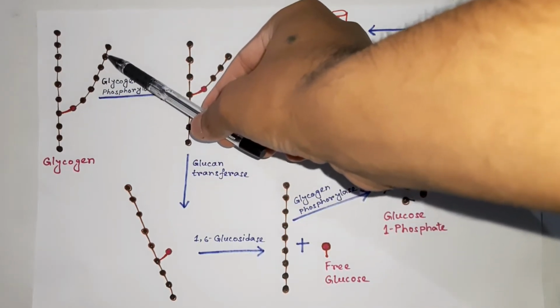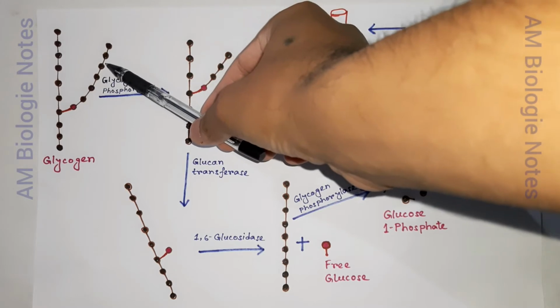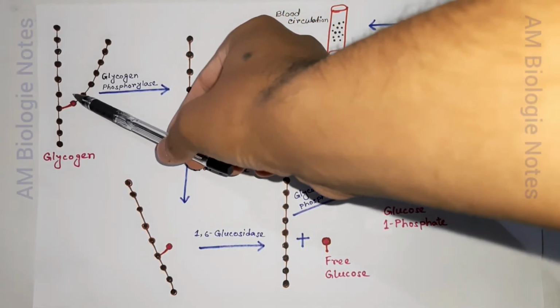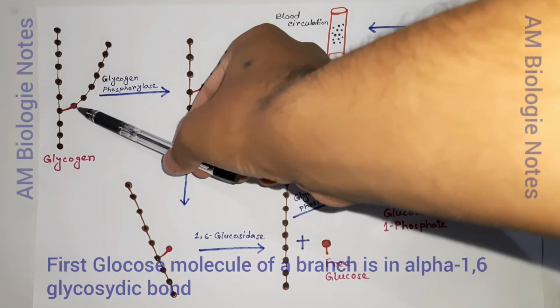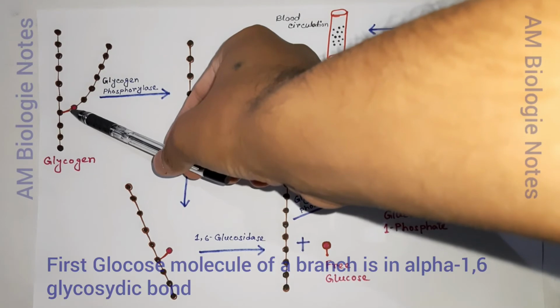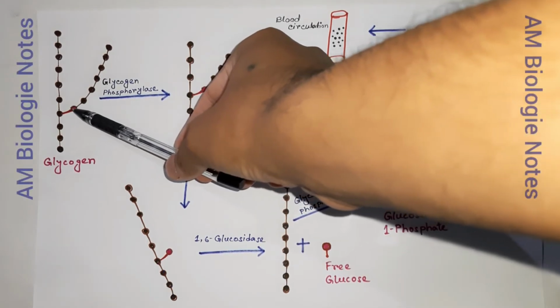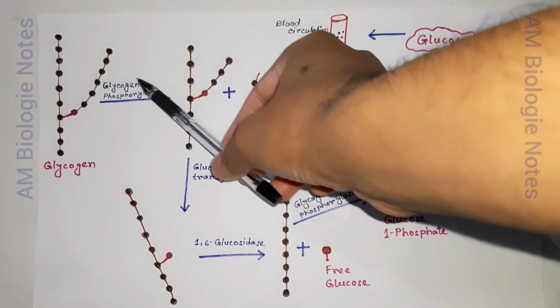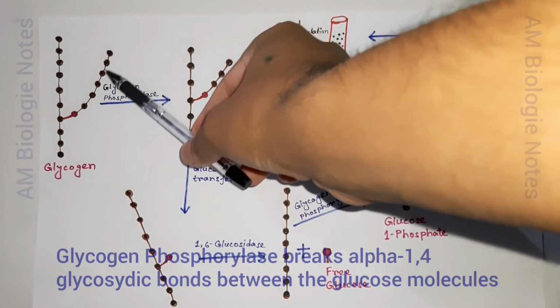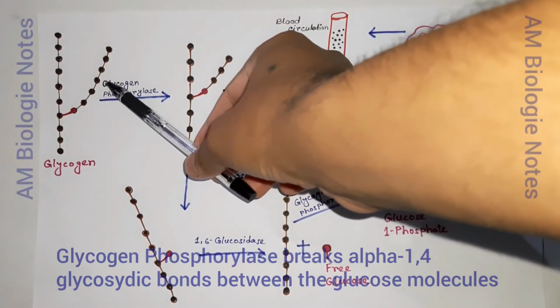Here also, these glucose residues are in alpha 1,4 glycosidic linkages, and this single glucose residue is with an alpha 1,6 glycosidic bond. So, in the first step, glycogen phosphorylase catalyzes the phosphorolysis of glycogen.